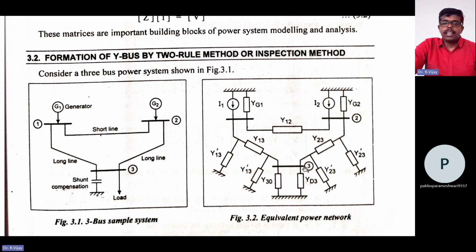And here, between bus 3 and ground, we take Y3 not.